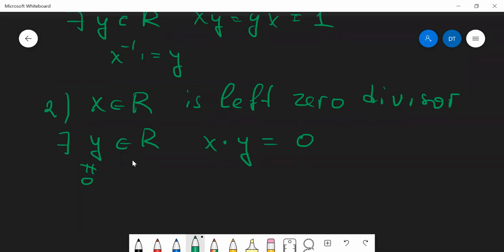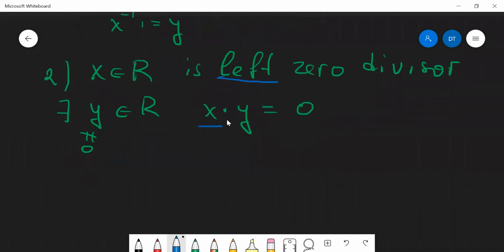So just in case, left means that X is on the left. If we can take an element X and after multiplication by a non-zero element on the right, the result is 0, then X is called left zero divisor. There is a similar definition of the right zero divisor, which means that Y times X equals 0.